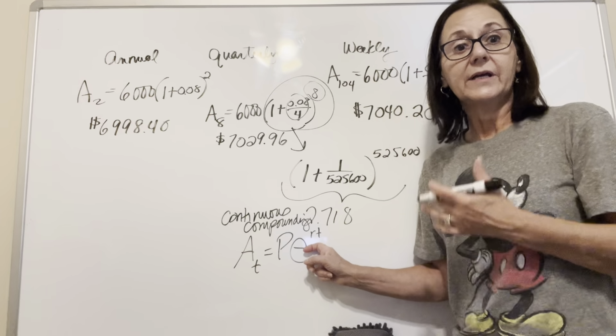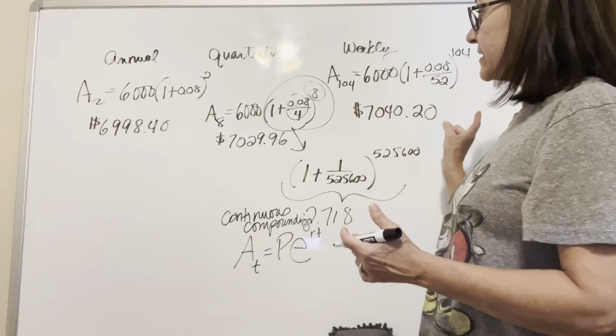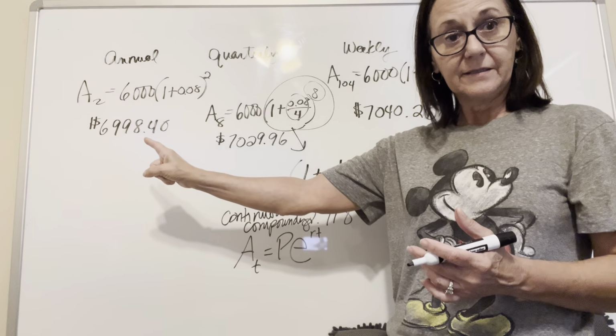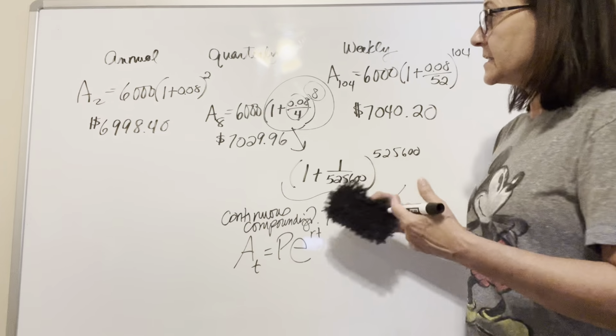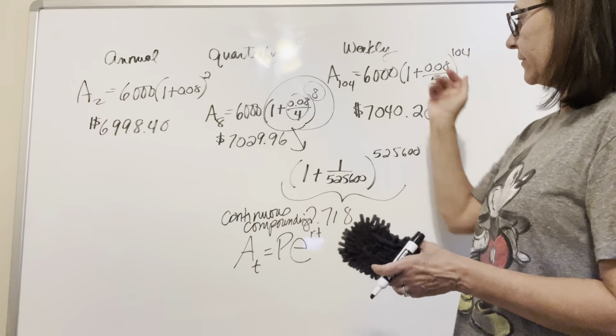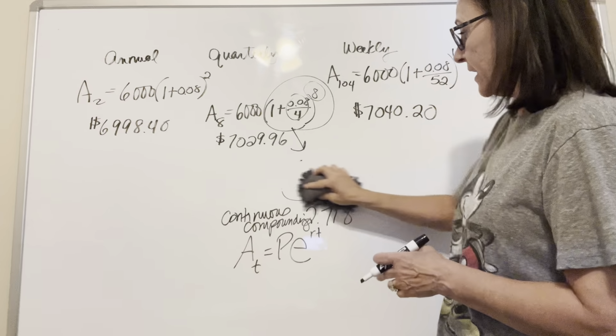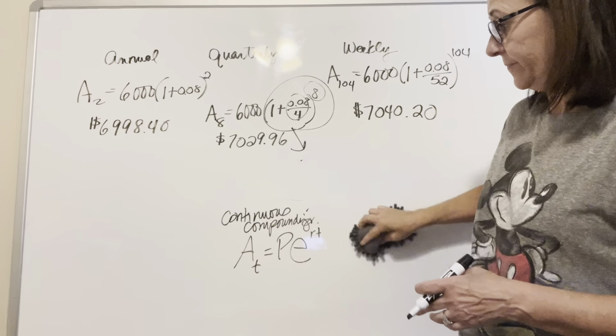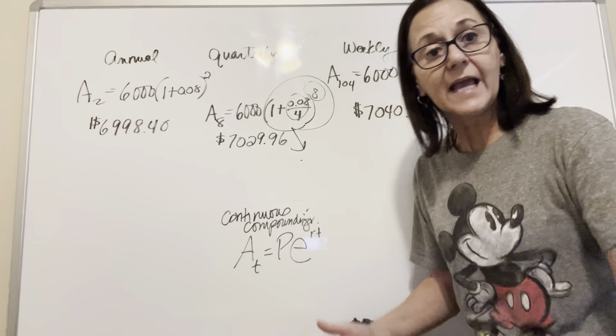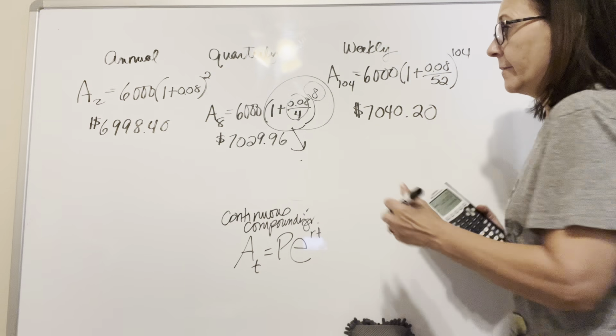That's when we're going to use continuous, okay? So let's use this same set of facts and say, instead of compounding annually, quarterly, weekly, let's say it was compounded continuously, all right? And let's see how that changes our numbers.